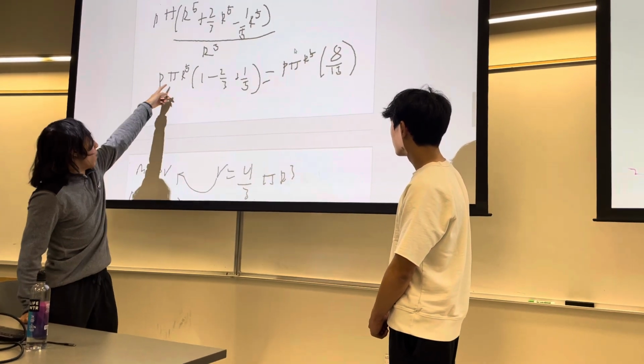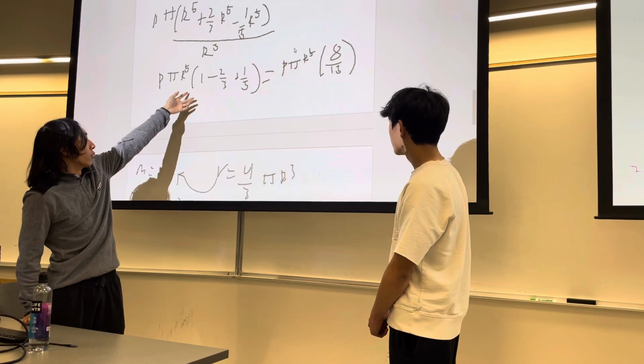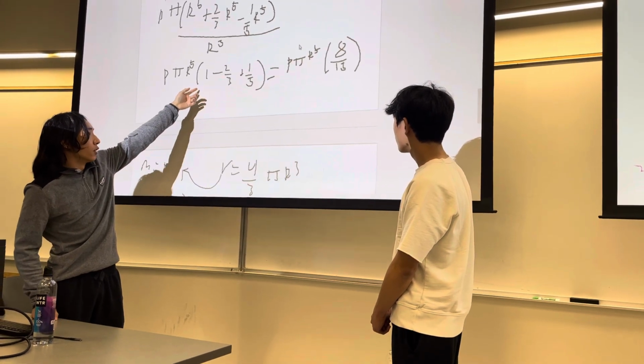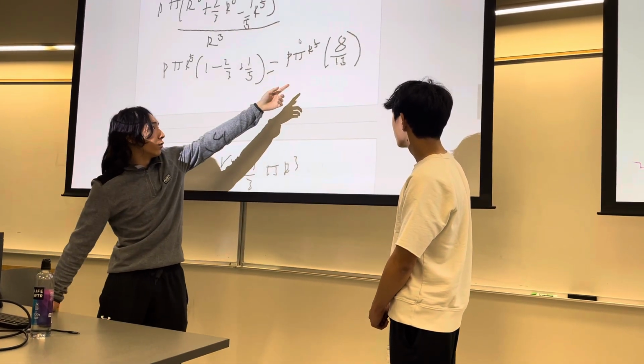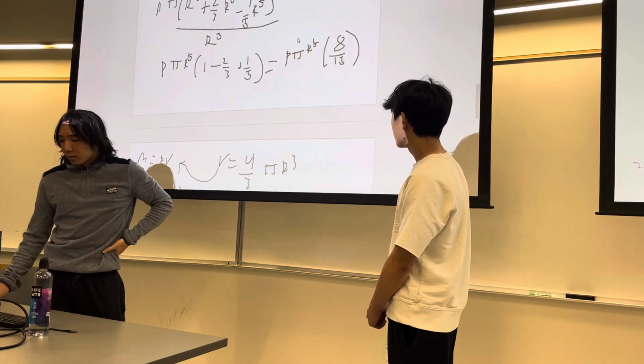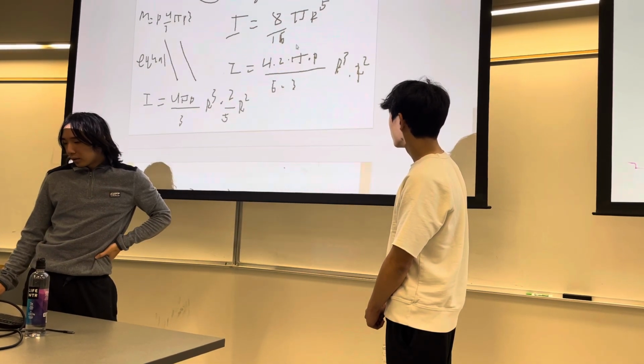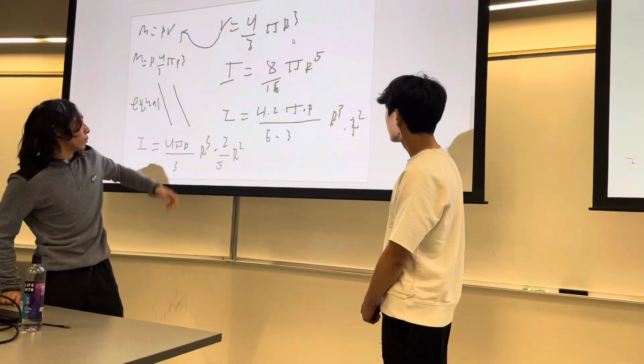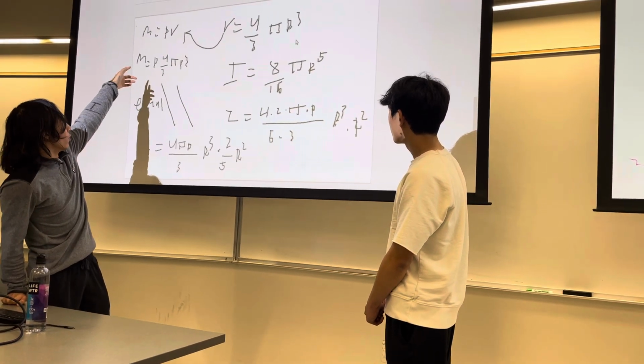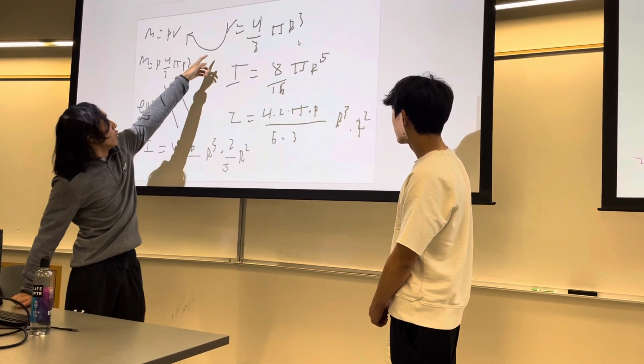And here we have rho pi R^5. With all of this, I did the common denominator, got 8/15. Then I subbed it all back into the original function. This is still equal to volume.